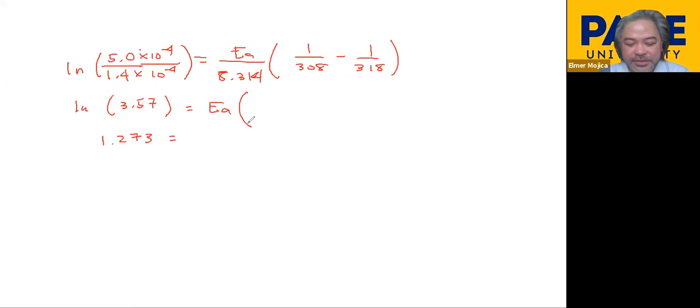So I have here 1 divided by 308 minus 1 divided by 318. Then I divide that by 8.314, so I end up with 1.22 something here.